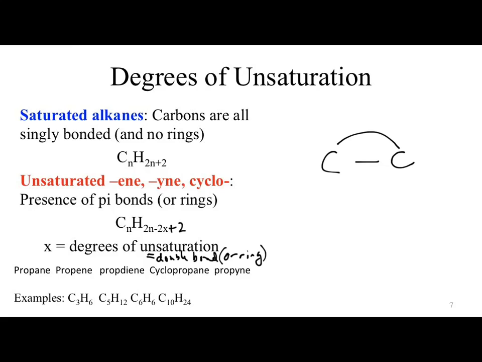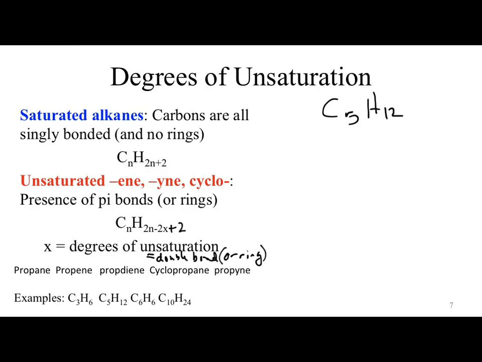Does that make sense? Okay, so let's go through a couple examples here. Now that we got the formula set up right, we should be able to solve these. We just looked at all of the names, so let's take a look at some formulas. If I give you C3H6, that's cheating, we've already done that one. Let's do C5H12.